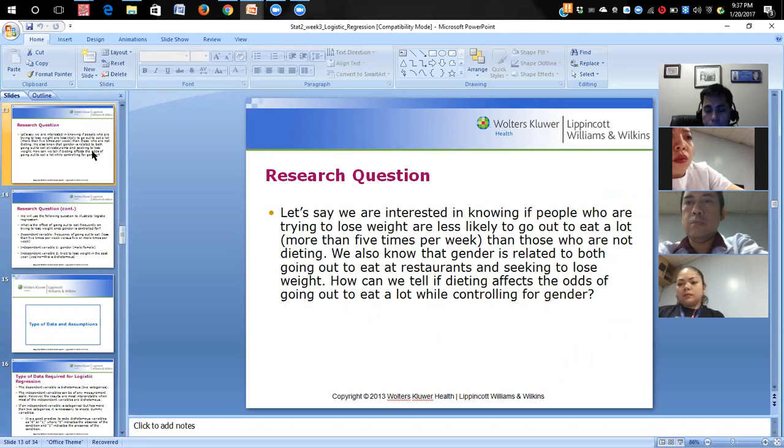And this is the research question that will be answered by logistic regression: we have a binary dependent variable. For example, our binary dependent variable is whether going out more than 5 times a week or not going out more than 5 times a week, with different independent variables, such as trying to lose weight and gender.